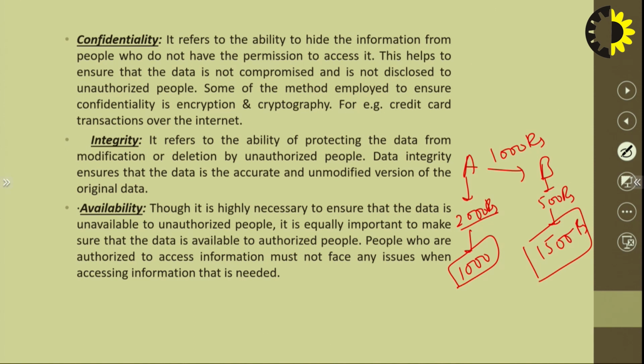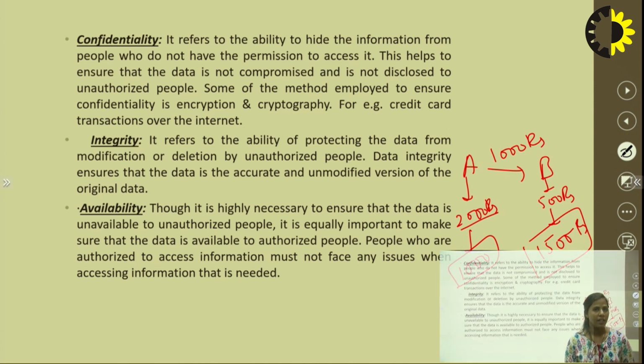So these are the three principles we have discussed about security goals. First was confidentiality, second was integrity, and third availability. In confidentiality, we were just hiding our information. In integrity, both the transaction and both the accounts should have valid, accurate data, so that an unauthorized person can't access it, or in between modify or delete it.